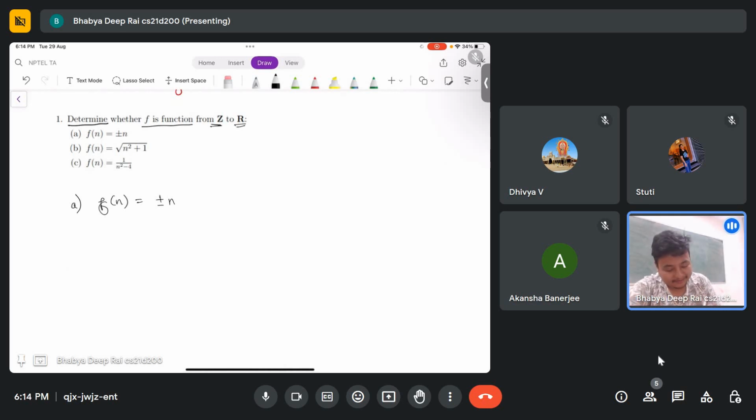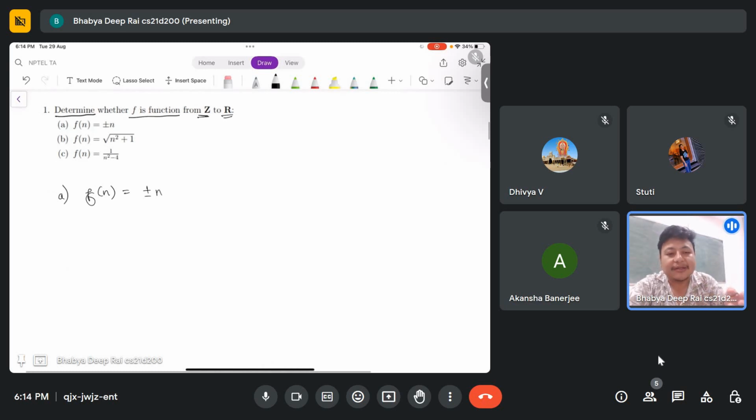So let us just plug in some values. We are talking about integers. So what does integers mean? Integers is nothing but minus 2, minus 1, 0, 1, 2, and so on. Positive natural numbers, negative natural numbers, and 0, right? These are integers.